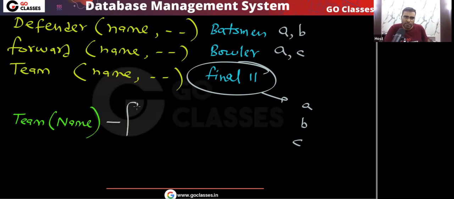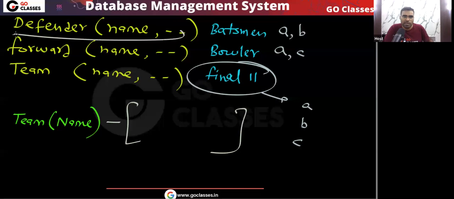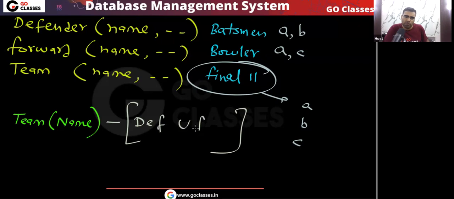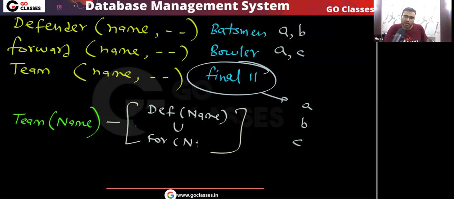Now if I remove the names which are in the union of defender and forward, that is, I find the names in defender, union the names in forward, then what should I get? Tell me.